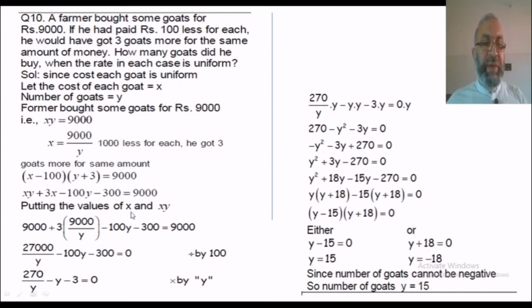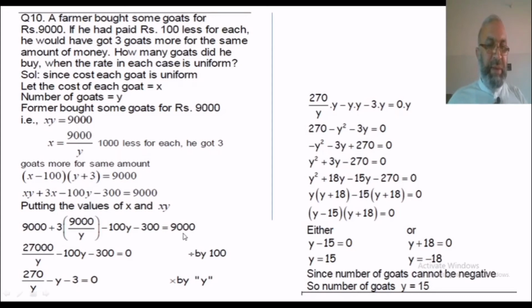Putting the values of x and xy, because the value of x is known. So xy is 9000. Putting in this equation, 9000 plus 3 times 9000 over y minus 100y minus 300 is equal to 9000.